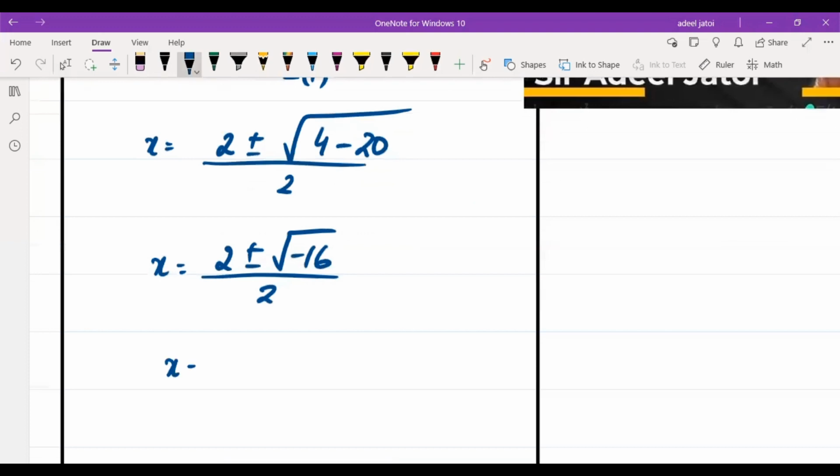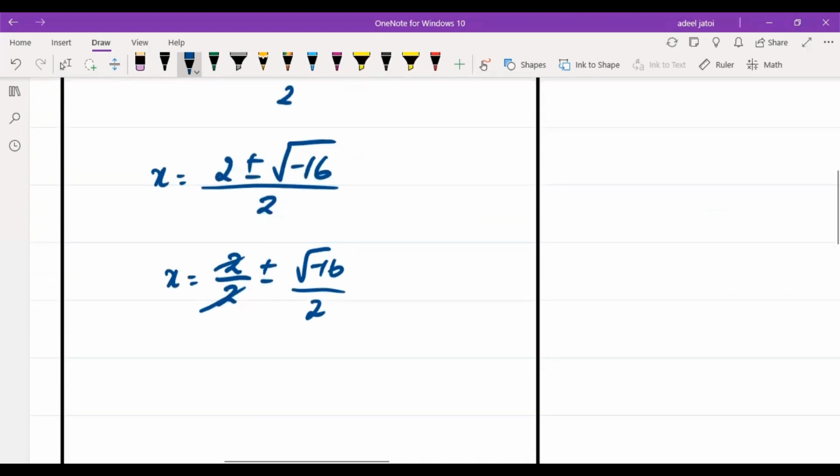So we have two different fractions here, under root negative 16 upon 2. This is cancelled out as what? Under root negative 16 can be solved as under root 16 and under root negative 1, which is 4 iota. So this should be plus minus 4 iota upon 2.